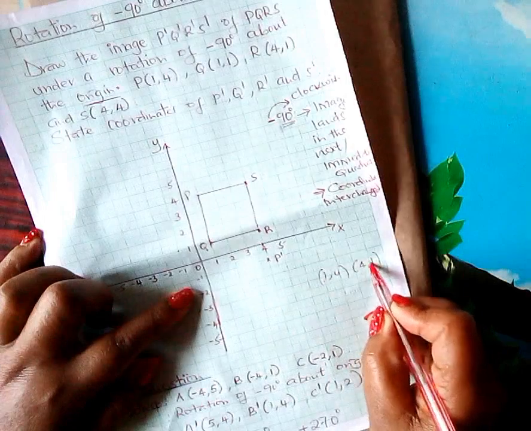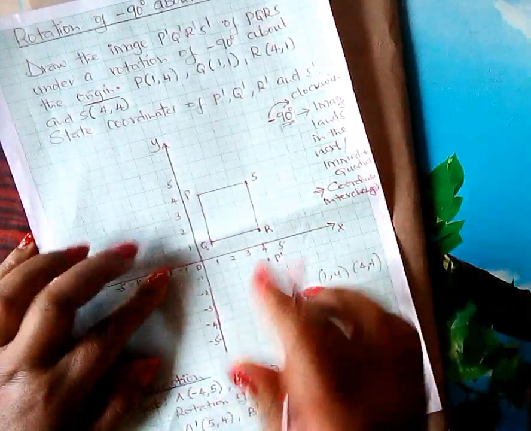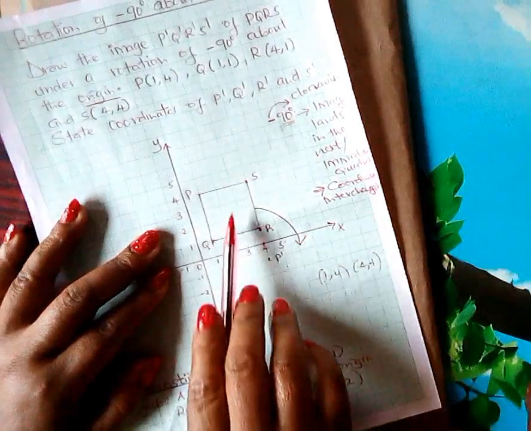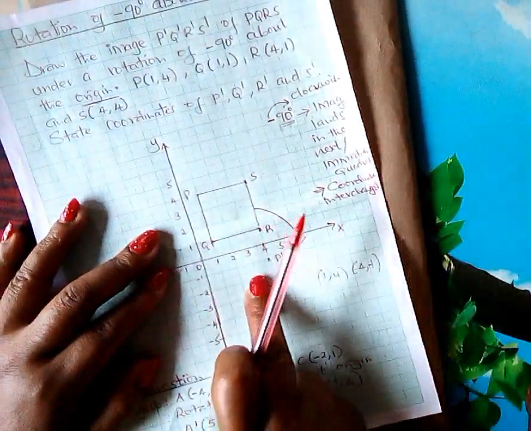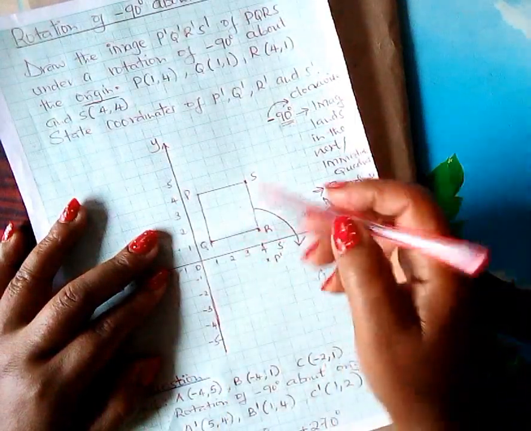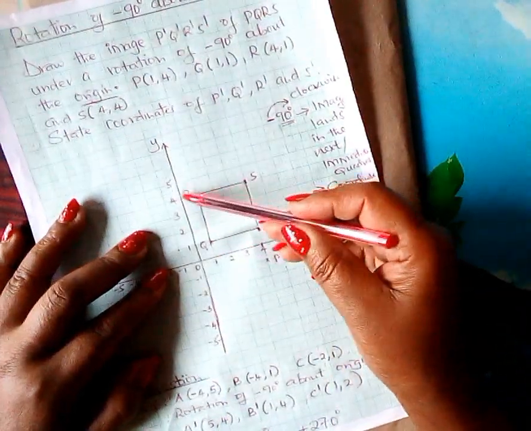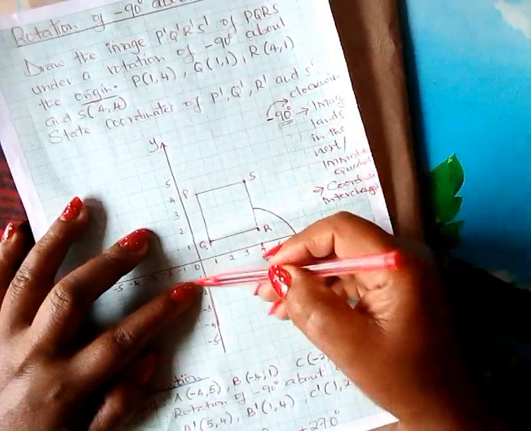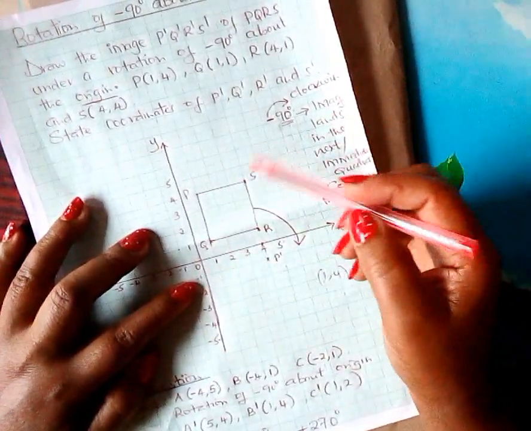It will be (4, -1), because this object is moving in the clockwise direction, in the immediate quadrant, the next quadrant, this one here. So P was at (1, 4), and therefore here it will be (4, -1). The sign of 1 has changed because of the axis.